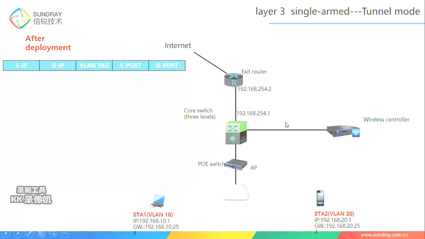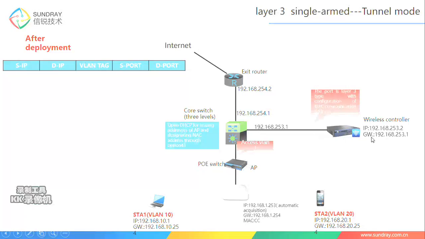The first one here is tunnel mode, and this is VLAN 4 for the access point. So we separate the VLANs: the access point is on its own VLAN and the clients are on VLAN 10 and 20. This is the IP connecting to the controller at layer 3.